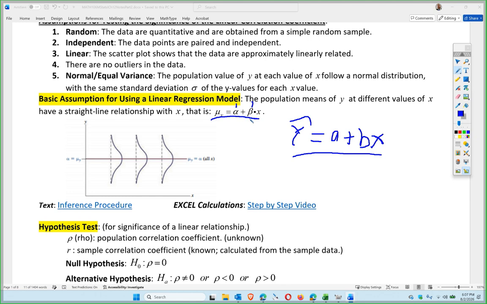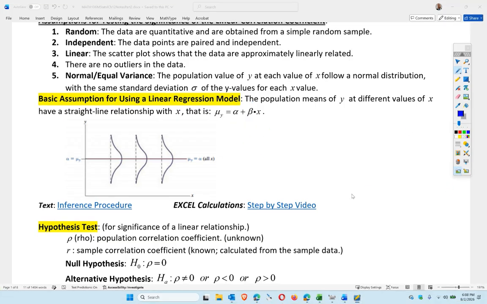So when it's a population, it's beta for the slope, whereas the sample is the lowercase b. In statistics, we have always been doing English letters as sample, and then population is the Greek letters. And I've attached two different things here, a text and a step-by-step video on how to do this stuff if you want to look at that later.